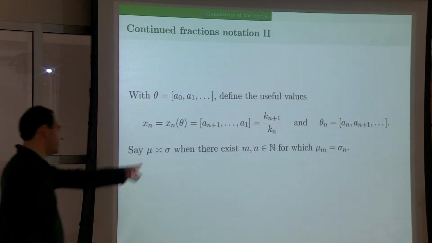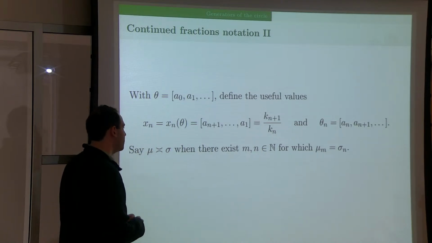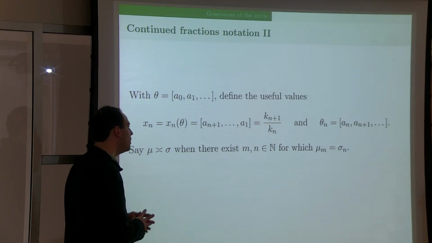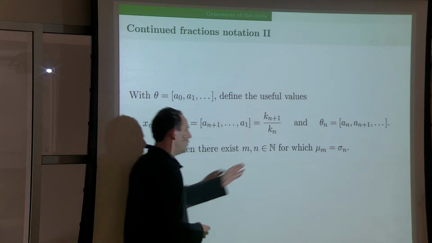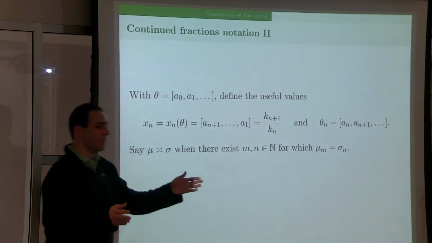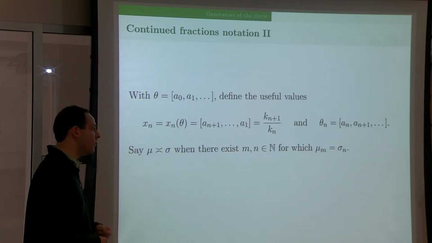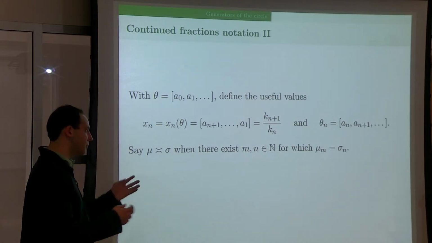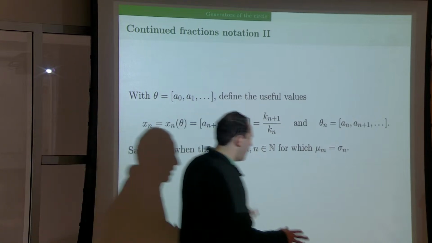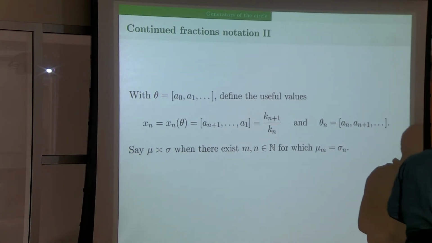This other thing is an equivalent notation that I mentioned a couple of slides ago. All we're saying is, for mu and sigma, if we can chop off some prefixes of them, possibly of different lengths, and we recover the same continued fraction, then we say they're equivalent.